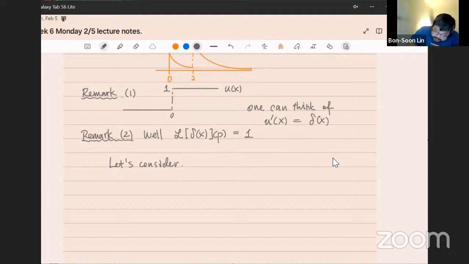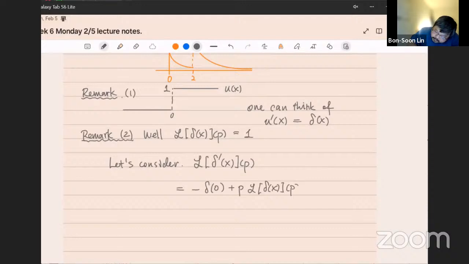But let's consider the derivative of the delta function and consider the Laplace transform of that. What would this be? By our rules, with the derivative rule, this equals negative delta of 0 plus p times the Laplace transform of delta of x.